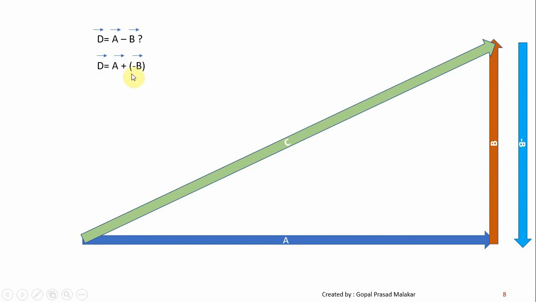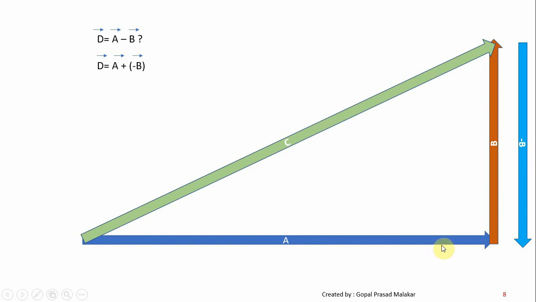You can say A minus B is very simple as A plus minus B. So essentially, subtraction is again nothing but just the addition, where the second vector is the negative of the original vector. So if this was B, this A plus B gave you C. When you are taking minus B, then A plus minus B will give you D.